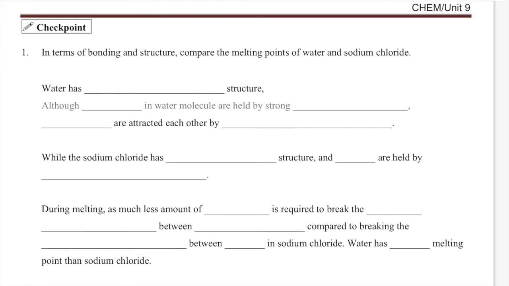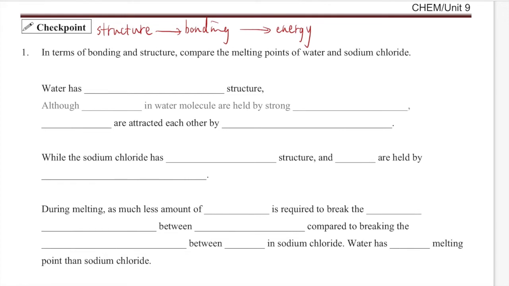You must first name the structure, and then you must describe the bonding, and then you need to compare how much energy is needed to overcome the bonding or separate the molecules. So the last part, you're going to relate the properties to the energy required to do so.